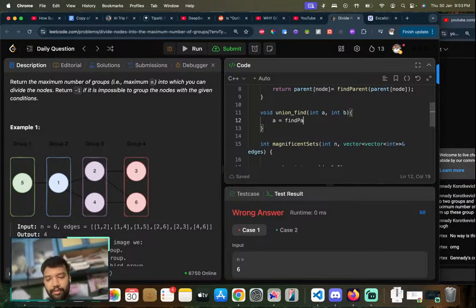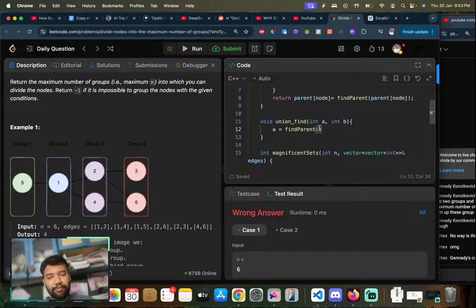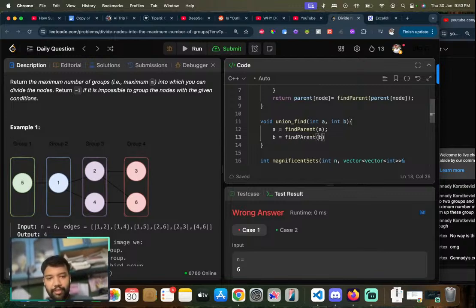I know it's not a good way to do this because we want our functions to be pure, but in DSA I don't think it matters. In production code, though, try to avoid reassigning the input variables. A equals find parent of A, B equals find parent of B.